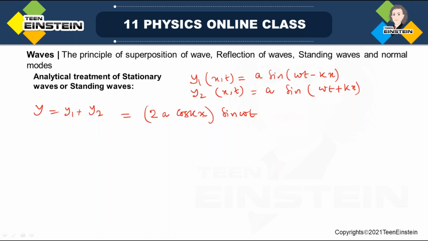In the beginning itself I have told, when you have this argument with sine or cosine, then it will give you a traveling wave. These are both traveling waves, because in the argument of the sine both time and space are there. But in this case, this is acting as amplitude, 2a cos of kx, and this is the time varying term where you don't have a space varying term.